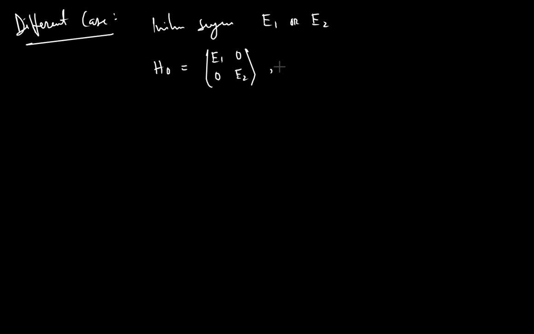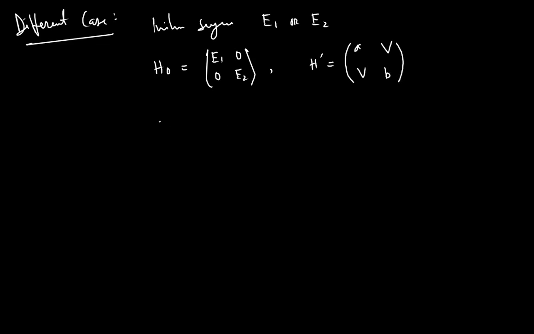Now suppose that our system interacts with the surrounding and it feels, as a result of this interaction, a perturbed Hamiltonian, and that perturbed Hamiltonian is a little bit different from the previous case. So suppose the perturbed Hamiltonian is this, right?